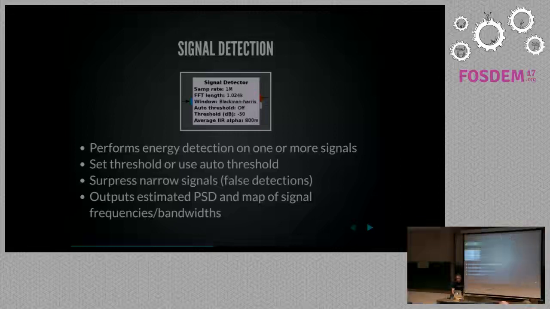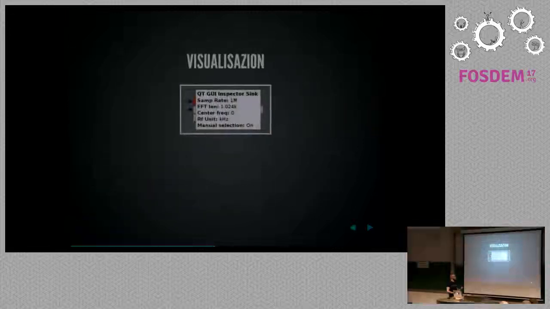So next what you would do is you want to visualize what you have estimated. So there's the Qt gr-sync for that, and it just takes the estimated PSD from the block before and plots that in a Qt window. Also, it takes the bandwidths and center frequencies of the detected signals and marks them with edges.